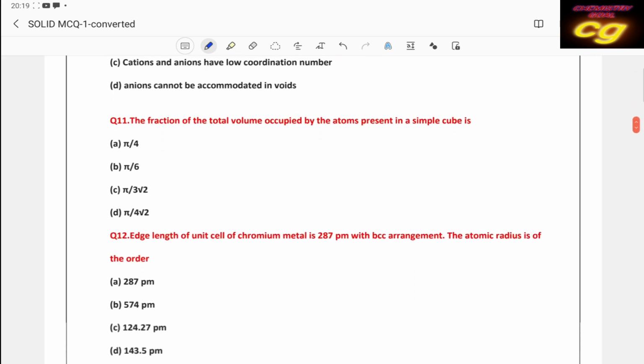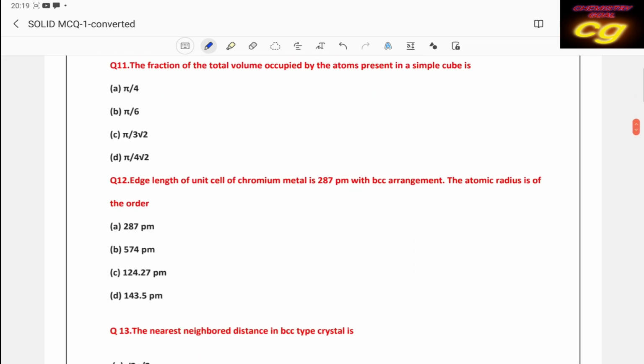Then question number 11, the fraction of total volume occupied by the atoms present in a simple cubic. We know that in simple cubic the number of atoms is 1, so for each atom the volume will be 4 by 3 pi r cube. Then upon the total volume of the cube, which is a cube.